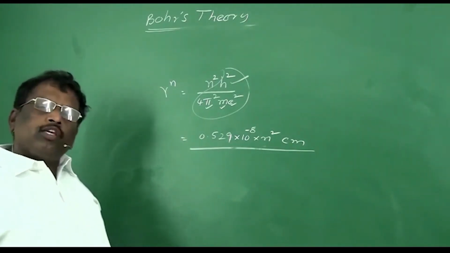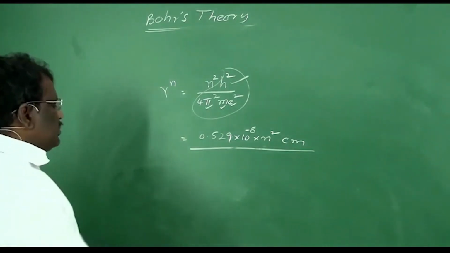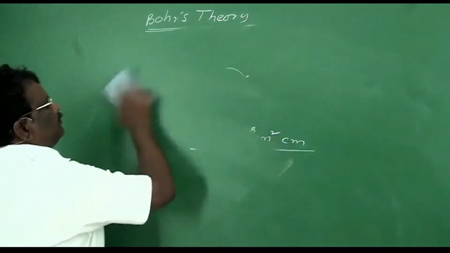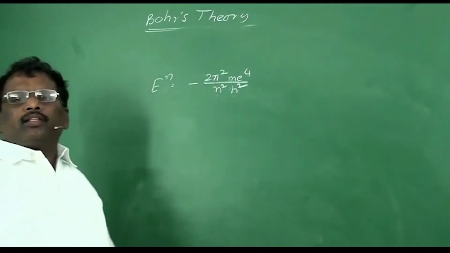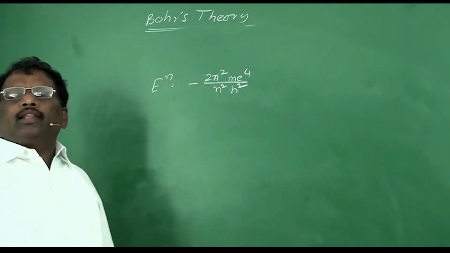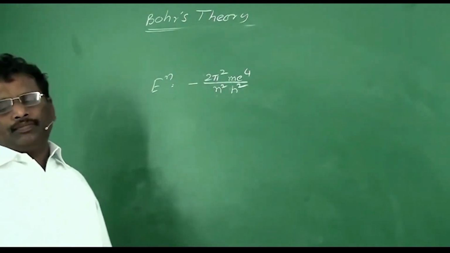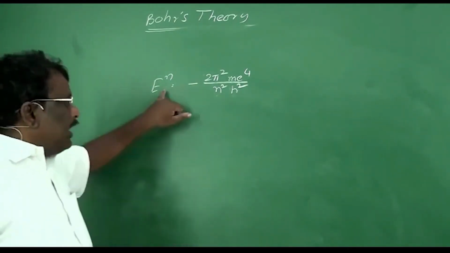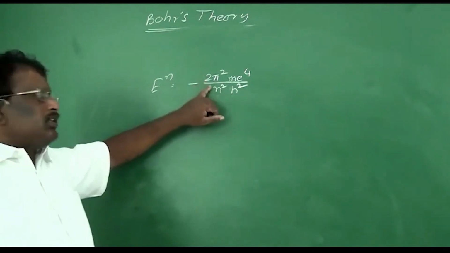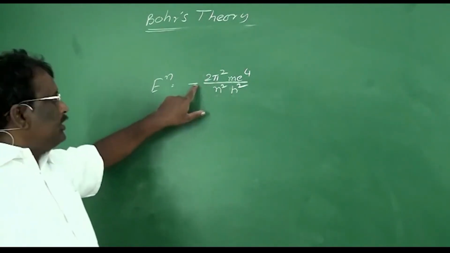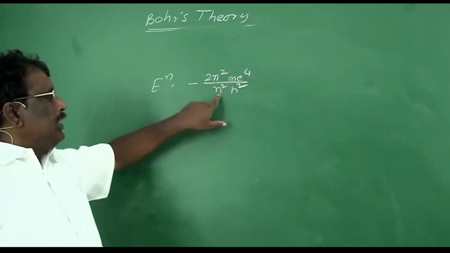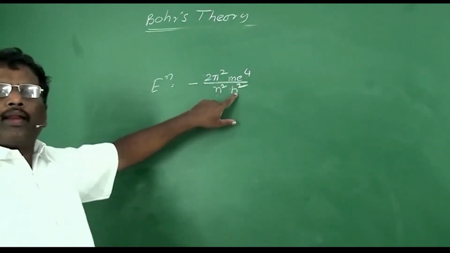And Bohr was also able to calculate the energy of the nth orbit of the hydrogen atom. We can calculate the energy level of the hydrogen atom by using this expression, that is minus 2 pi square m e to the power 4 by n square h square.